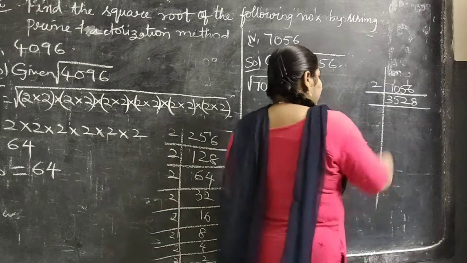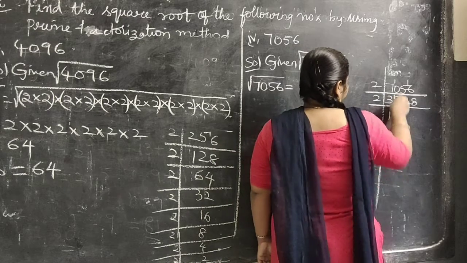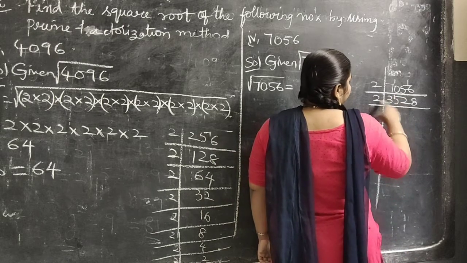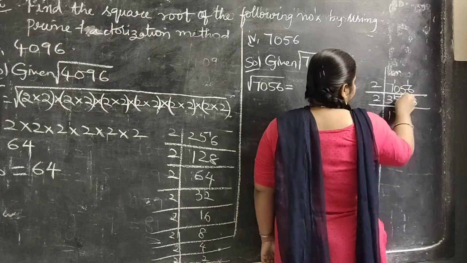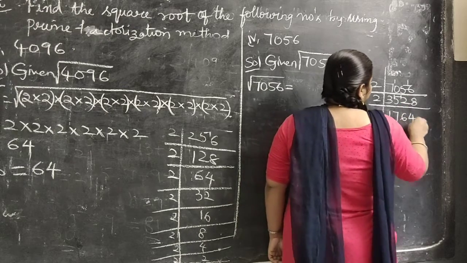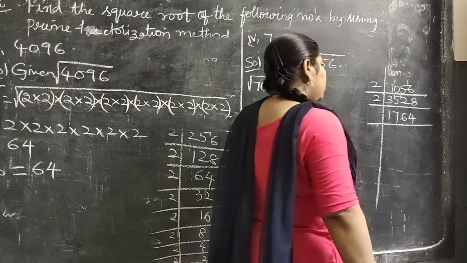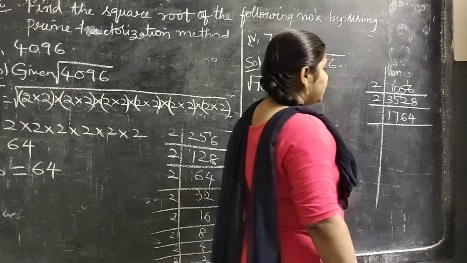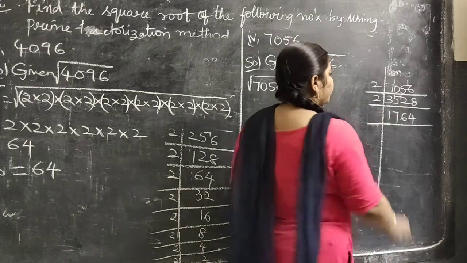Again with 2 table, 2 1s are 2, 2 7s are 14, 2 6s are 12, 2 4s are 8. That is 2 into 1764 will be 3528.